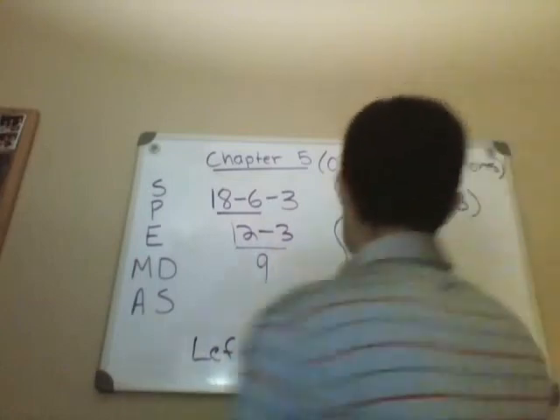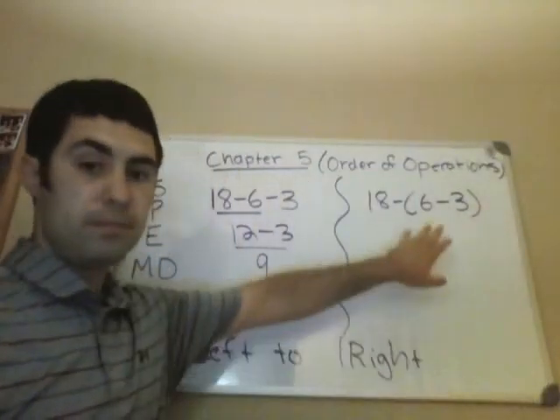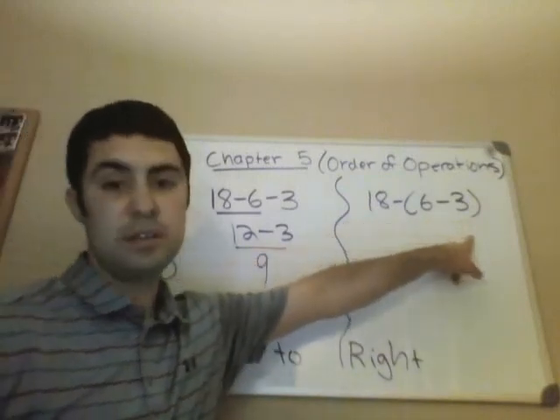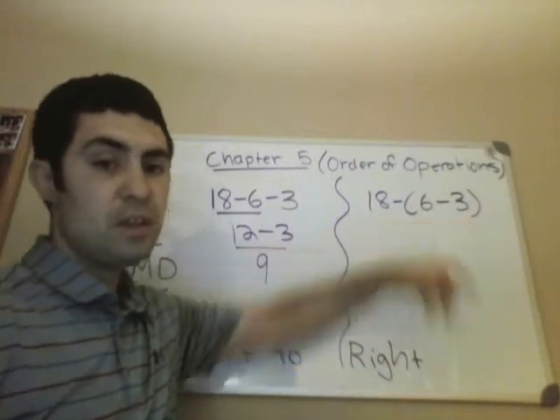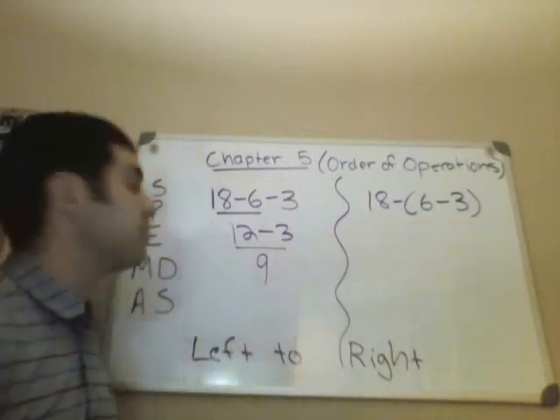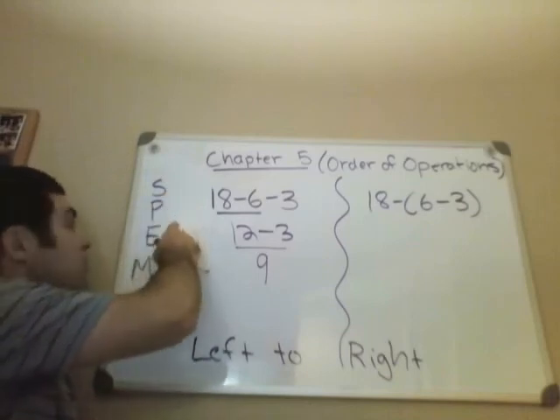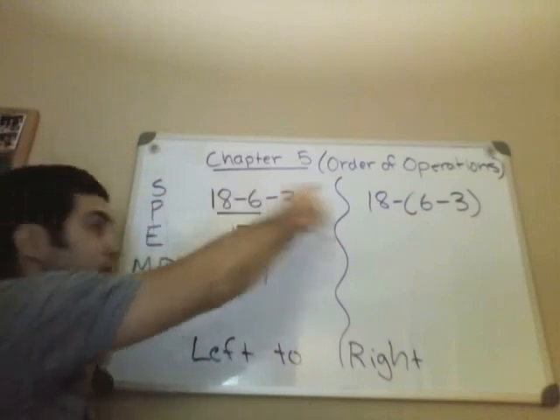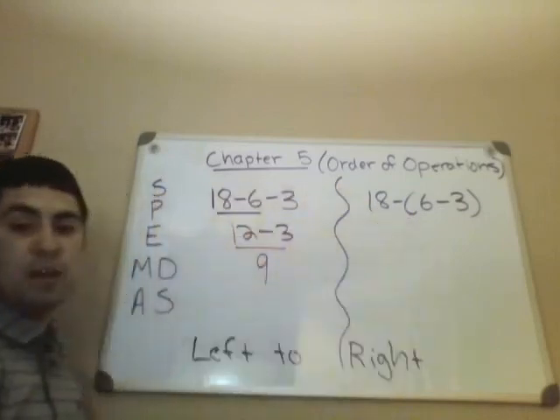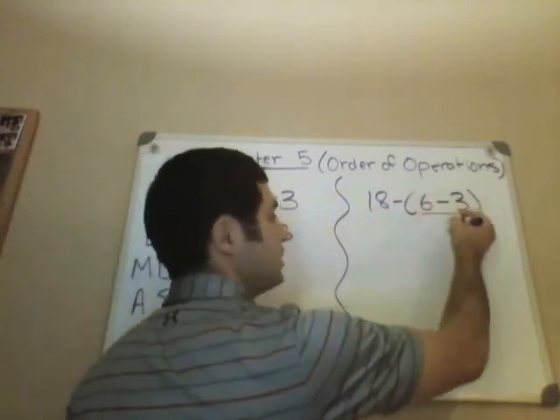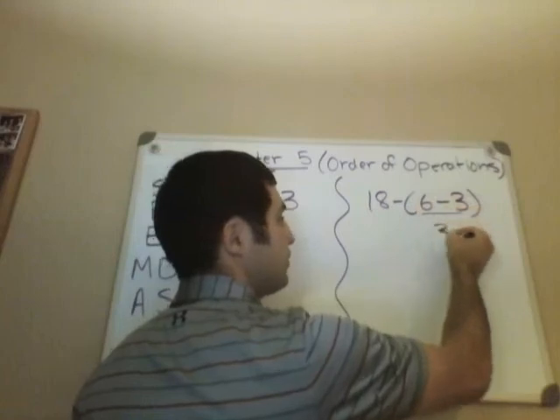Alright, this problem may look the same. What's the difference though? We have parentheses. When there's parentheses, it changes the outcome of the problem. So let's do this. No substitution. Are there any parentheses to evaluate? Yes, there are. So you evaluate inside the parentheses first. So 6 minus 3 is going to be 3.